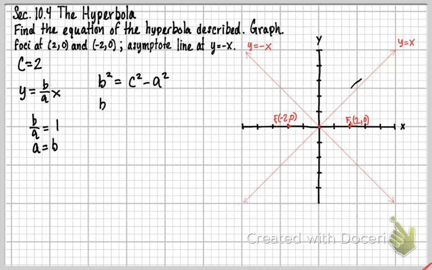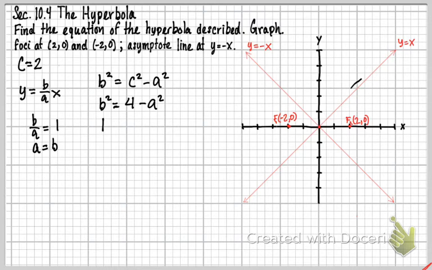So for this one, I'm going to get b squared equals, and I'm just going to write a 4 there, minus a squared. Since a equals b, I can just plug in b for a squared, so make it b squared.